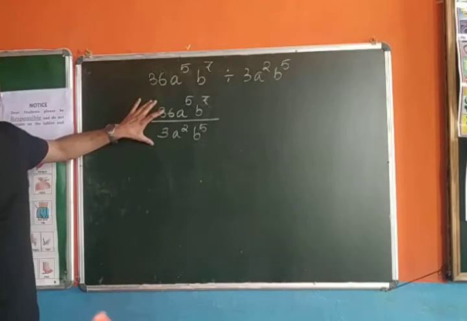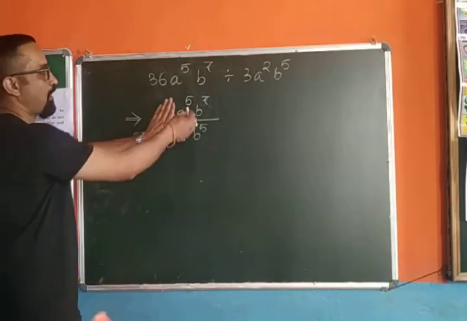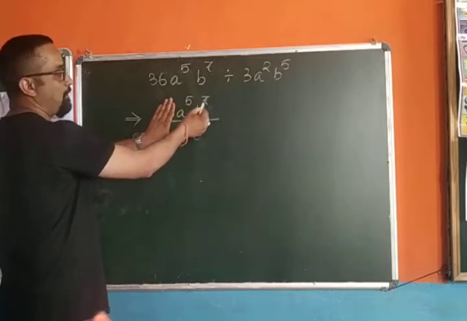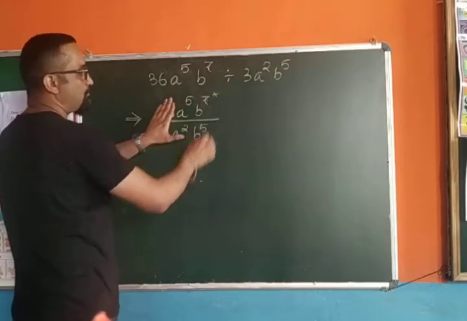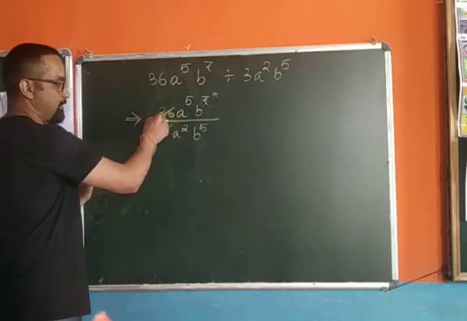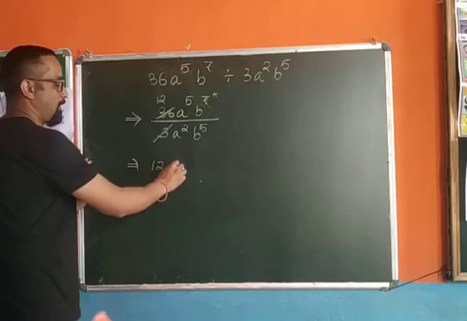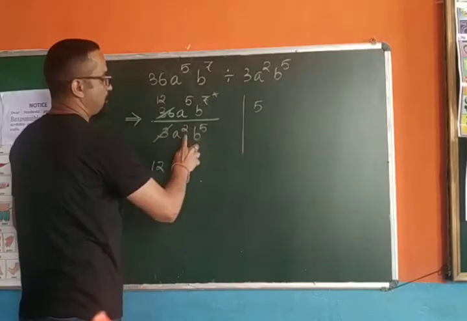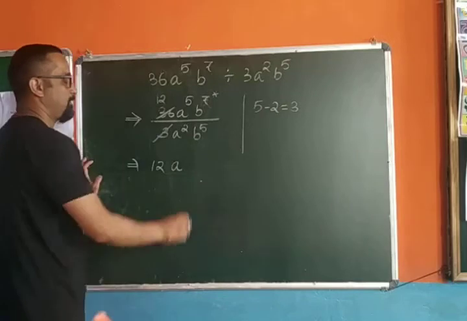Once you write this, you don't have to look at the coefficient. Look at the power. 5, 2. 5 is greater than 2. 7, 5. 7 is greater than 5. Means all the powers in the numerator are greater. So we cancel this, 12. We write 12. For a, greater power minus smaller power. You write at the side and subtract. You get 3.